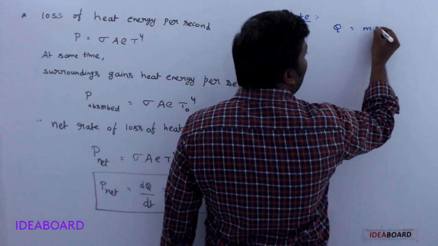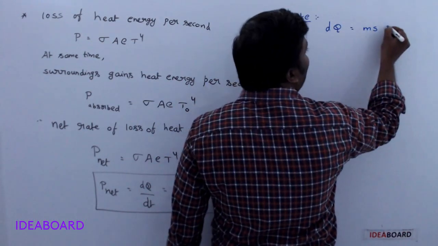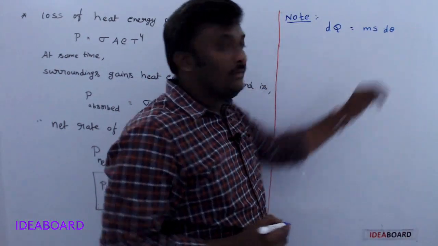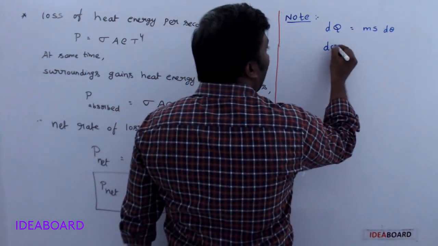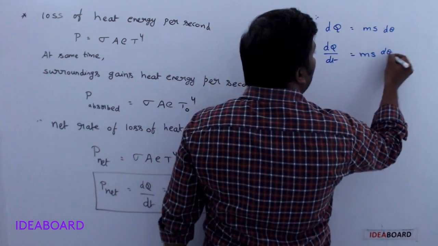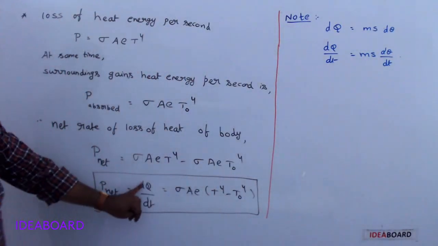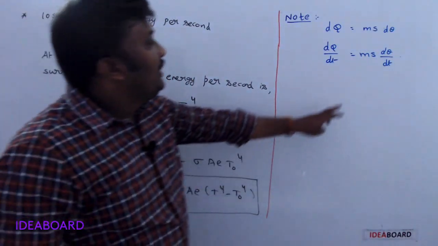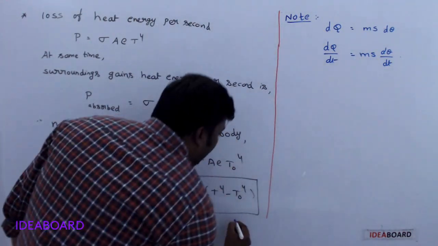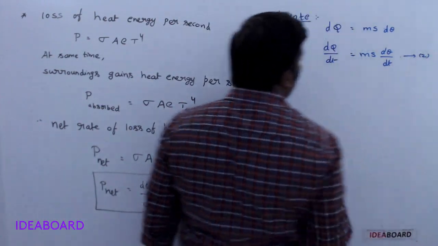Q can be written as ms d theta, where d theta is the temperature change. Now dq by dt can be written as ms d theta by dt. Here dq by dt we have one formula, and here also we have a formula for dq by dt. So this is taken as equation number 1, and this as equation number 2.